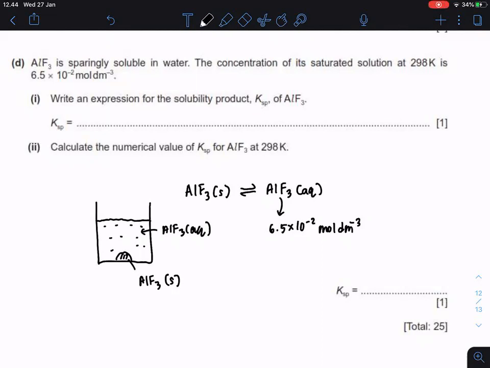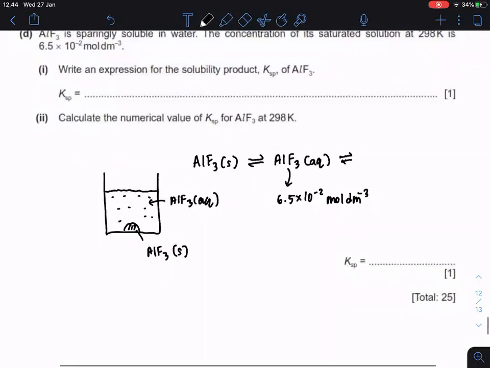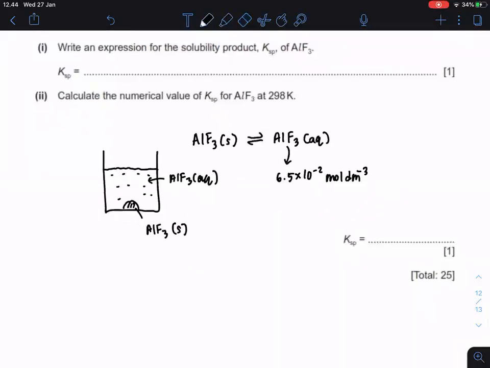Generally we don't put it as aqueous just like that. Normally we write AlF3 solid, which changes into Al3 plus and 3F minus, aqueous. This is how we express it when we want to calculate the solubility product.